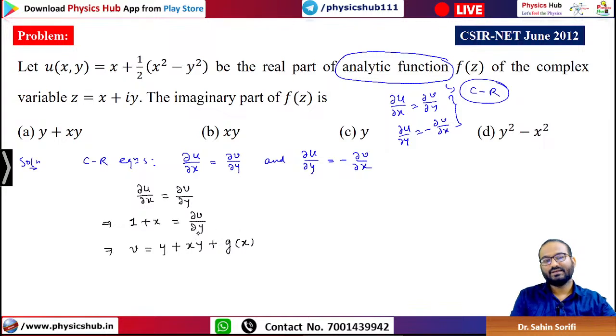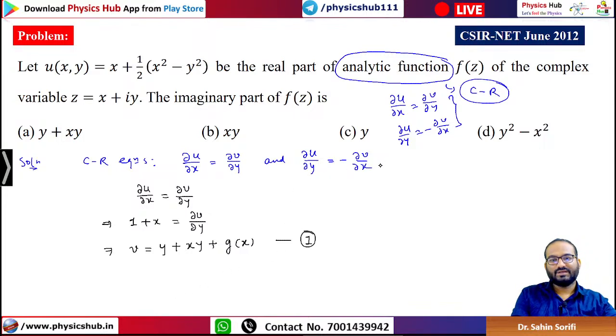We are taking integration with respect to y, so the integration constant will be a function of x. Is this clear or not? Because y is the variable, whatever constant comes will be in terms of x. Let us say this is equation number 1.